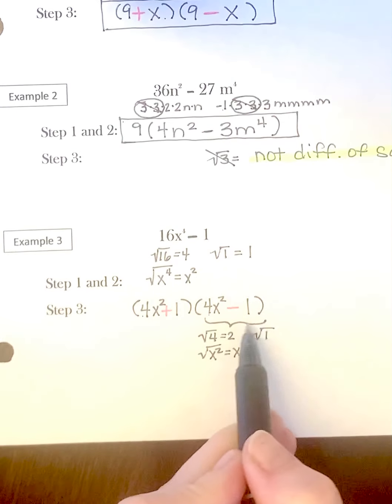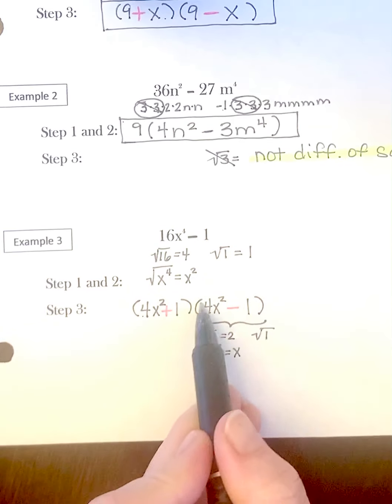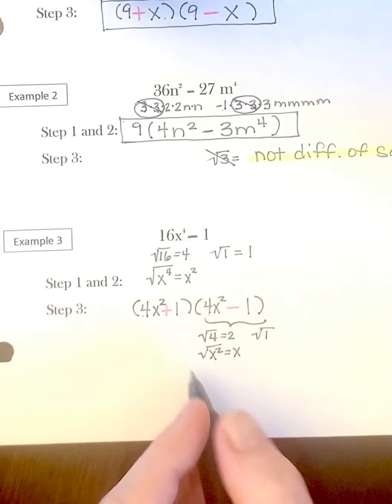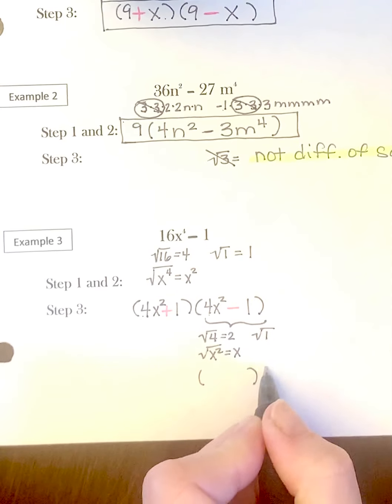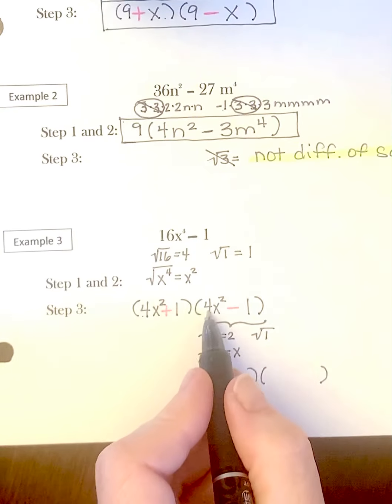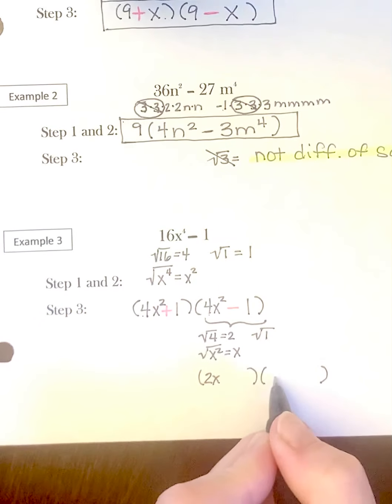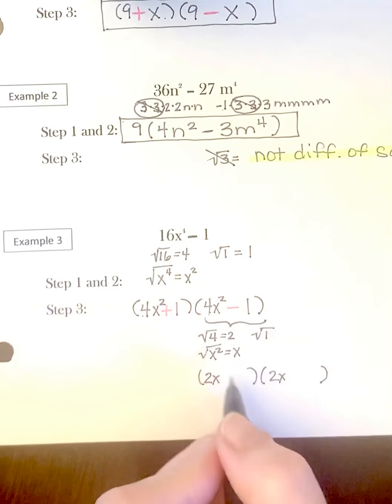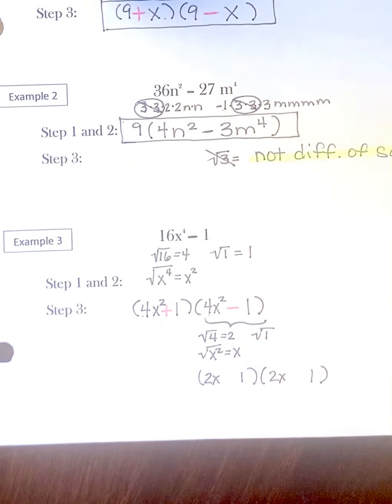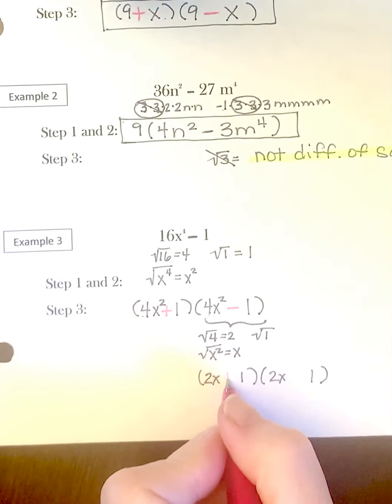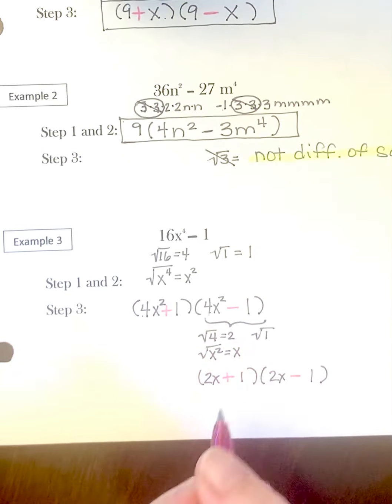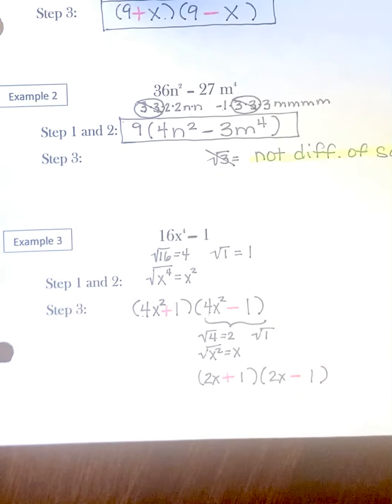So this factor is a difference of squares, and this factor can be factored even further. The square root of the first term goes in the first spots. The square root of the last term goes in the last spots. One is a plus, one is a minus. All right, so we factored that.